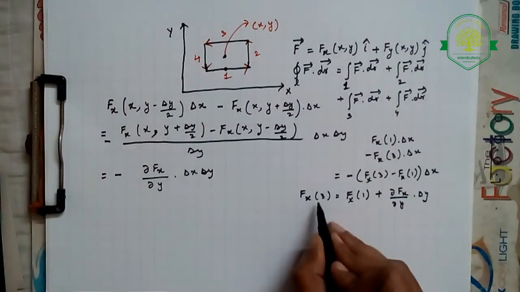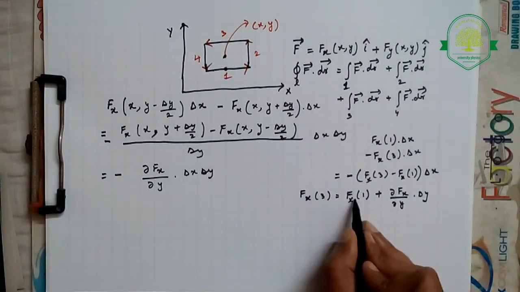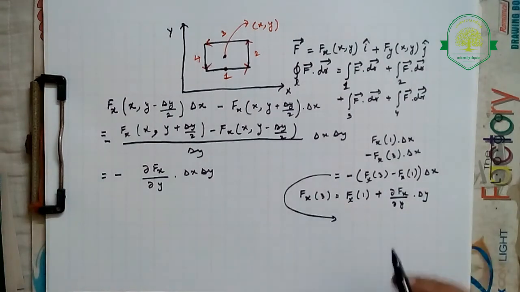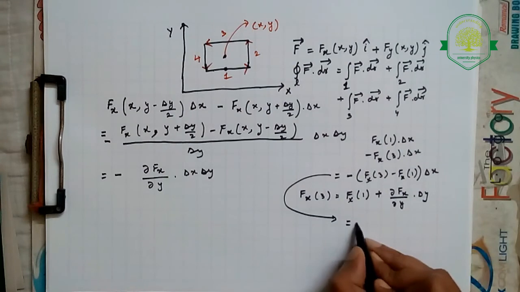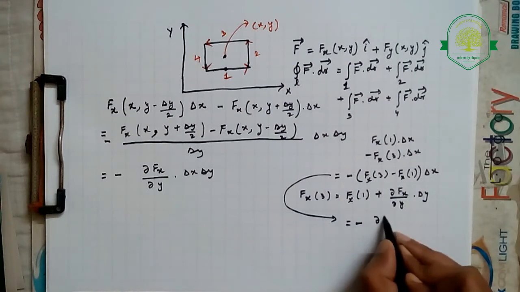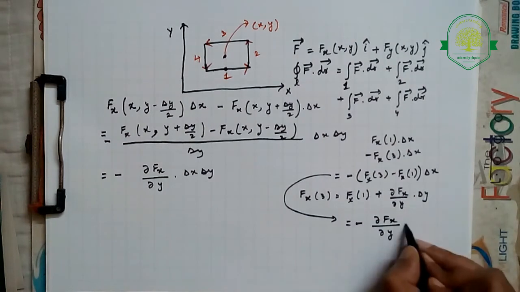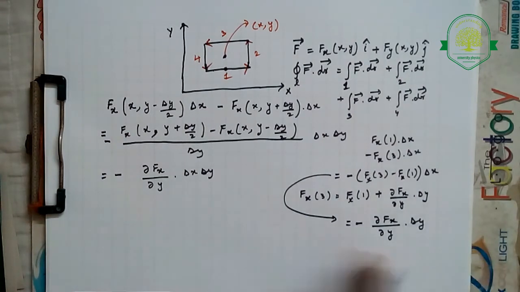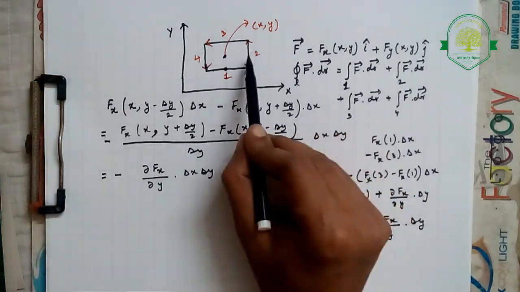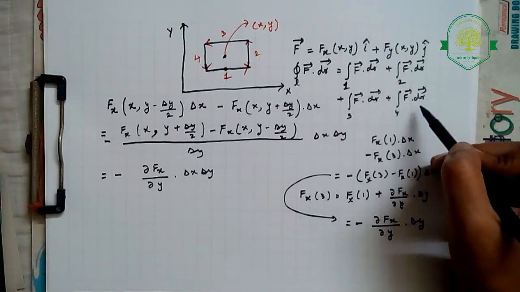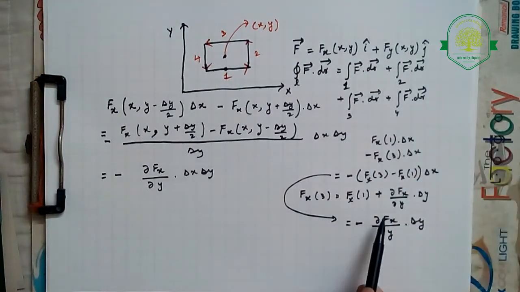So fx at 3 minus fx at 1 is just equal to this. So this expression becomes minus the partial of fx with respect to y, times delta y. These two are the same. So for the second and the fourth integrals, I can either use this or this.